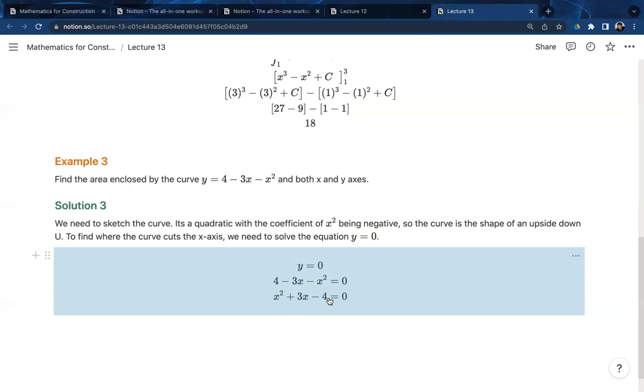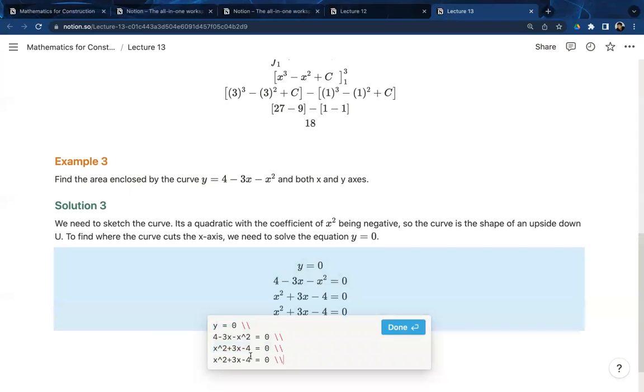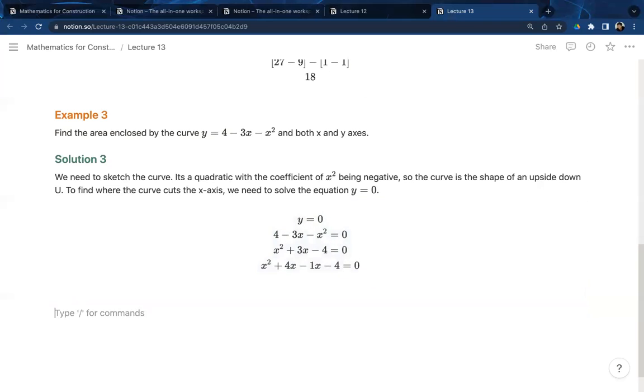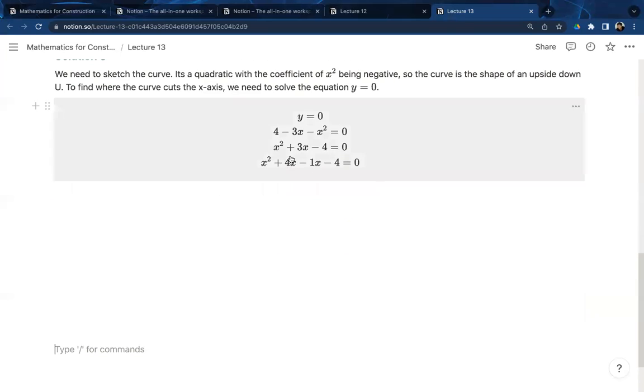And they have to add up to 3. So we could use +4 and -1. So we write 3x as +4x minus 1x. Okay. And then you do partial factorizing here.